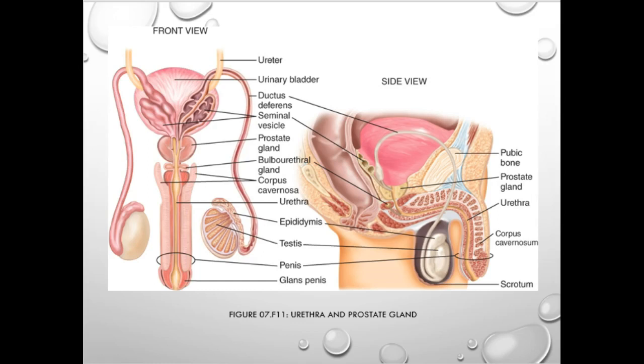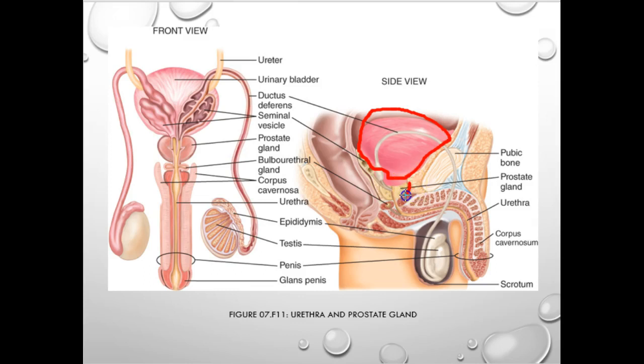So looking at a view of the male system, we have the bladder here, and I'm going to go over the full reproductive system in the next collection of notes. But for right now, let's just look at the bladder.